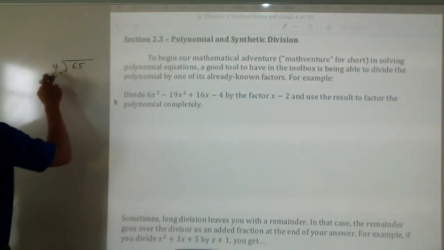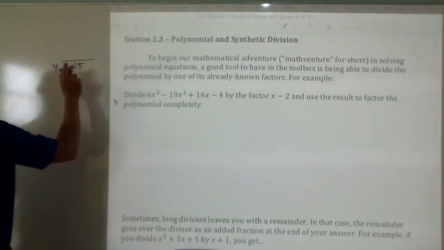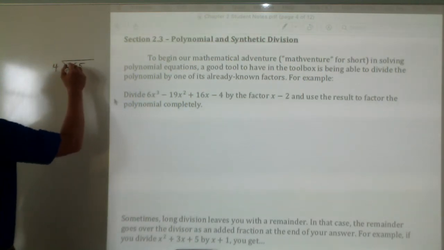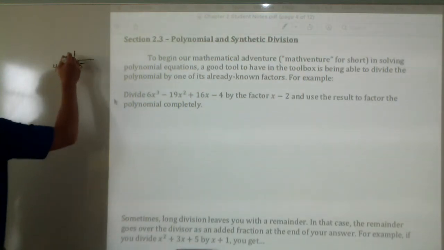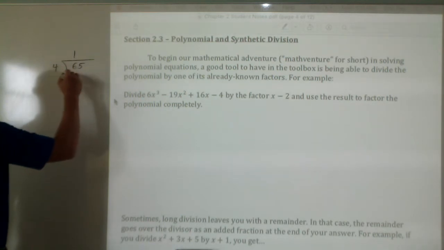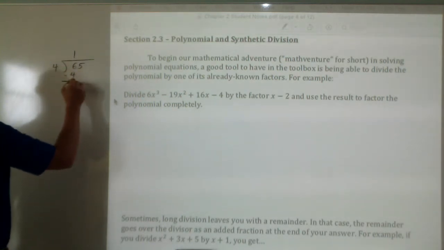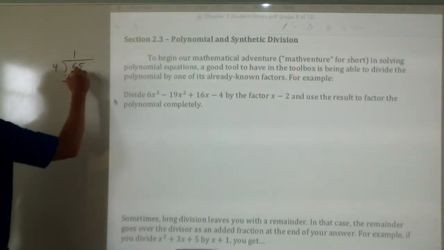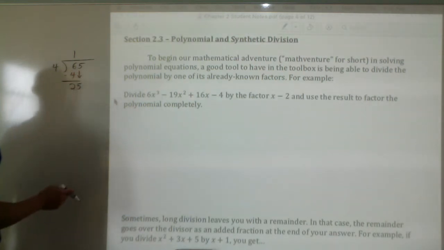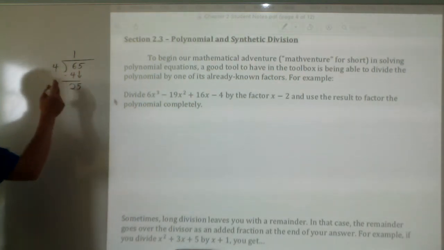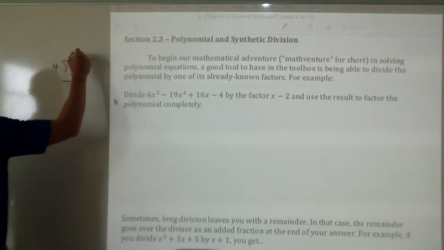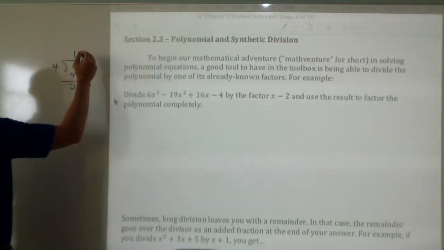So I think the 4 goes into the 6. How many times would 4 fit into 6? That's 1 time. And then you multiply that 1 by 4 to get 4, and then you subtract to get 2, and then you bring down this 5. And then how many times does 4 go into 25? I think it's 6 times.